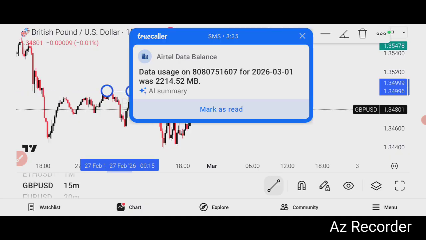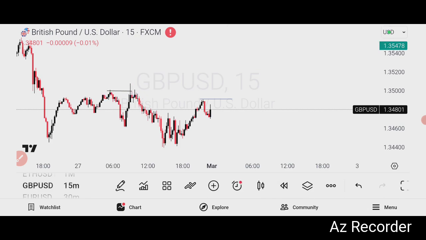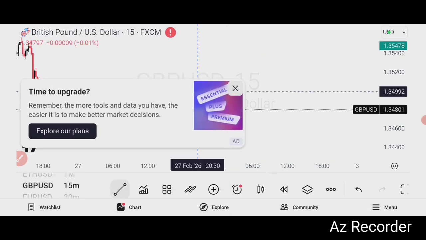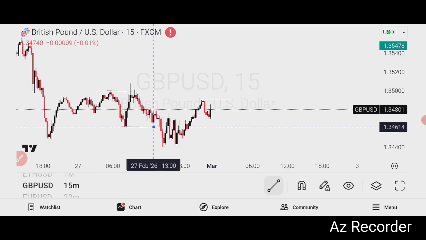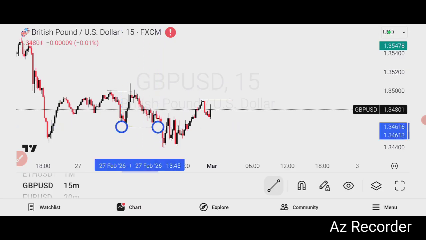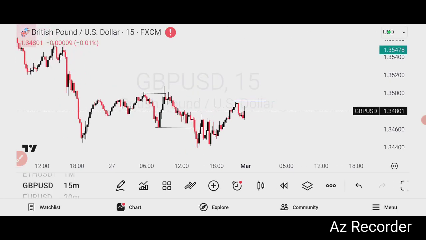Break of structure. Break of structure. So probably during the London session, this market might take out that high.